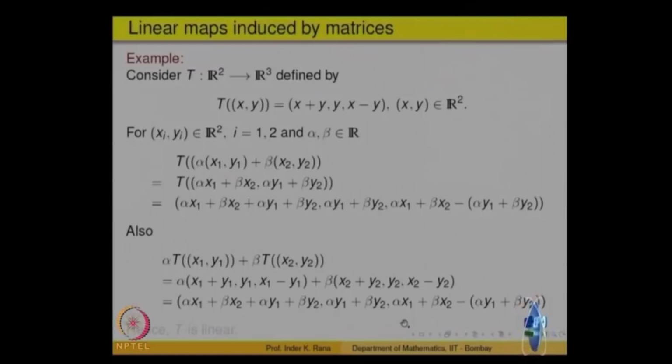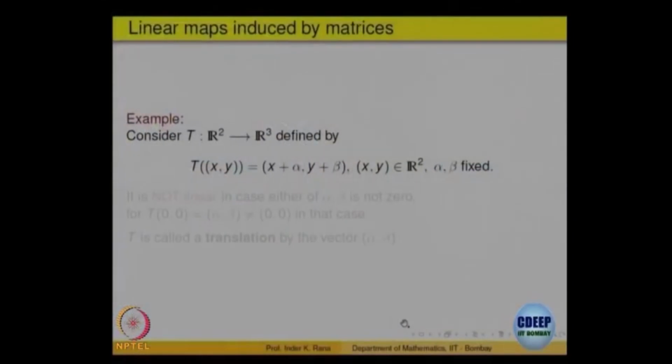So, that is what it means to check whether something is linear or not. Take two vectors v1 and v2 in the domain, take a linear combination, and take the image. Take the images of the original vectors, take their linear combination by the same scalars, and the two come out to be the same. So, that is linearity. Okay, so T is linear.